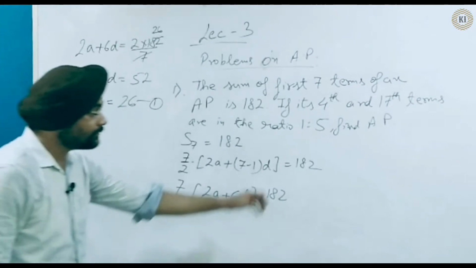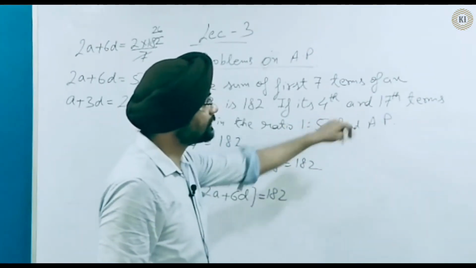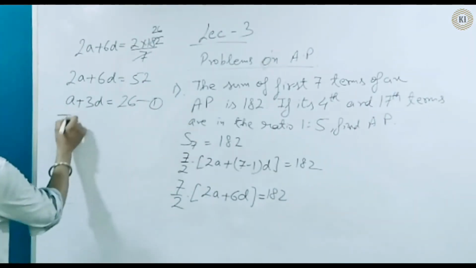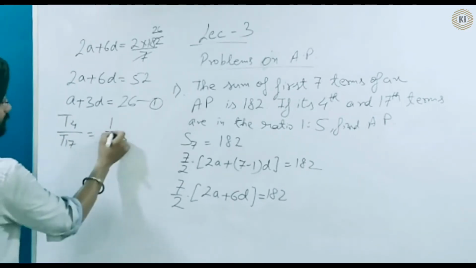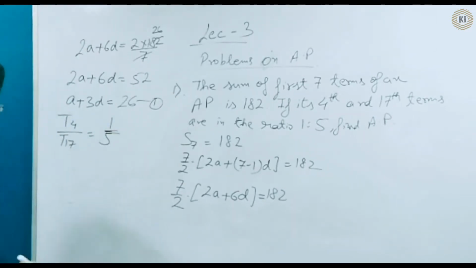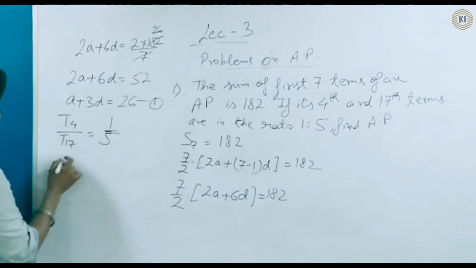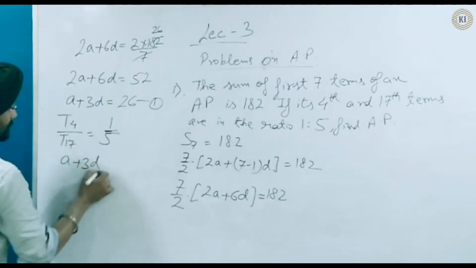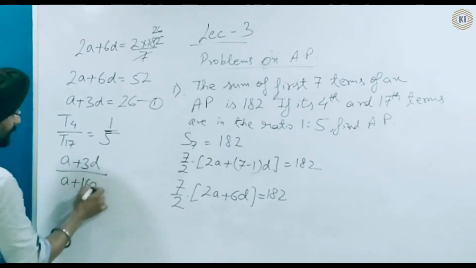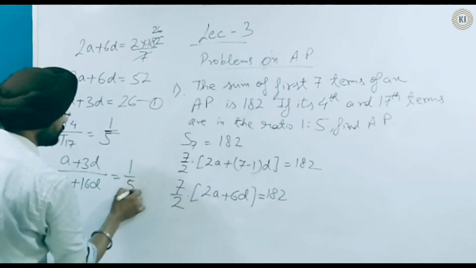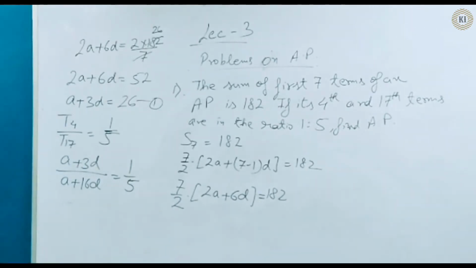Second equation we will get from here: its fourth and 17th terms are in the ratio 1:5. The fourth term means a plus 3d, the 17th term means a plus 16d, in the ratio 1:5.